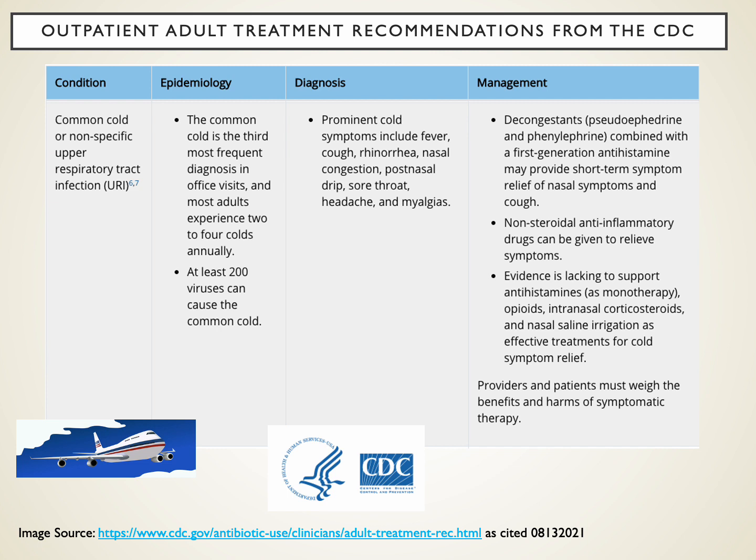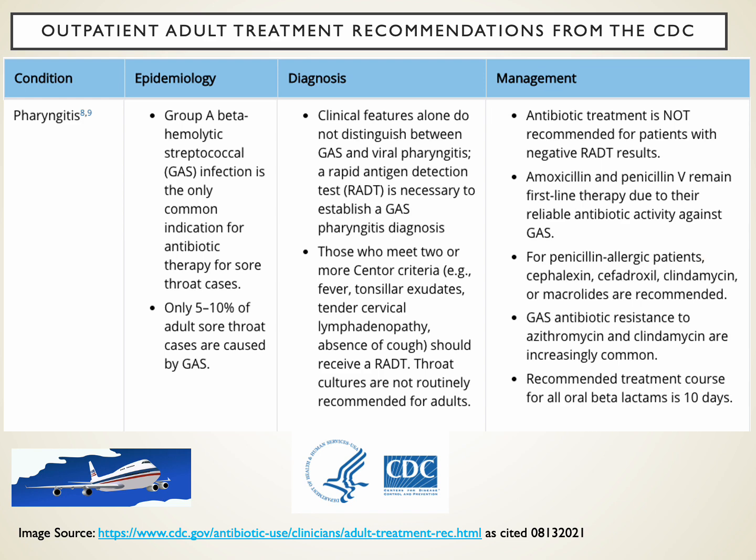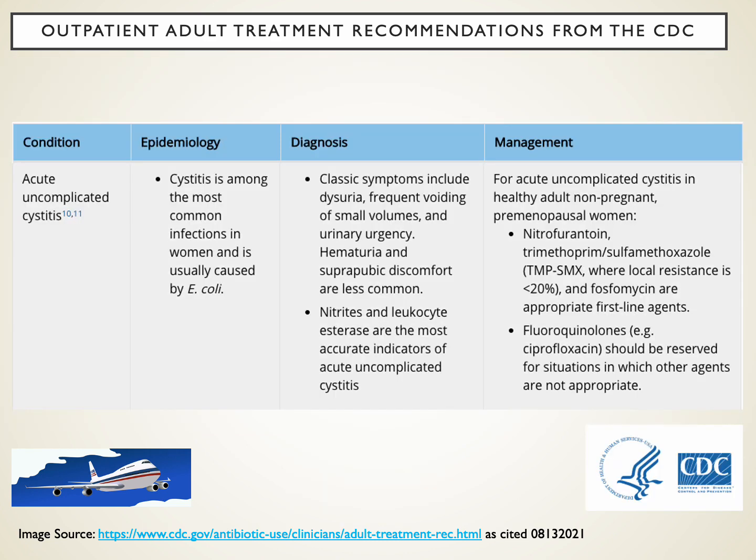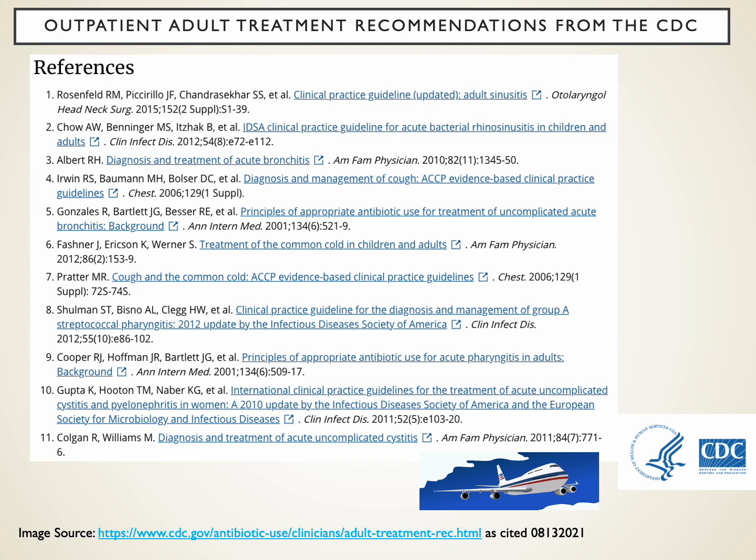Some upper respiratory tract infections, which could be a common cold, and how to manage those and not use antibiotics, of course. Pharyngitis and its management. And also for adults, acute uncomplicated cystitis, and the footnotes for the adult recommendations.